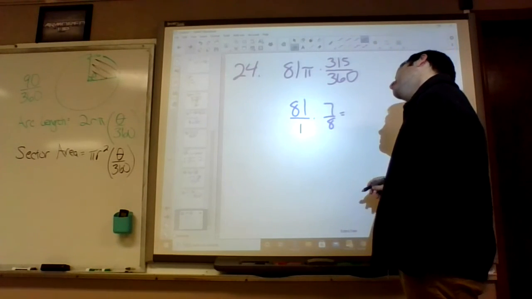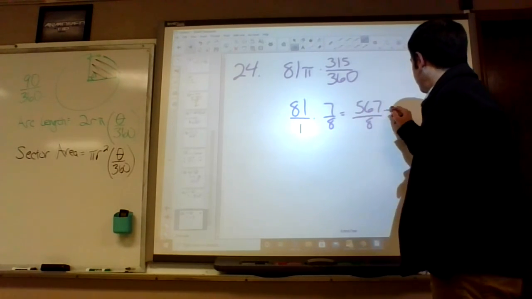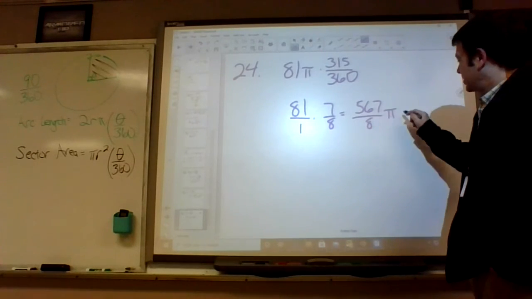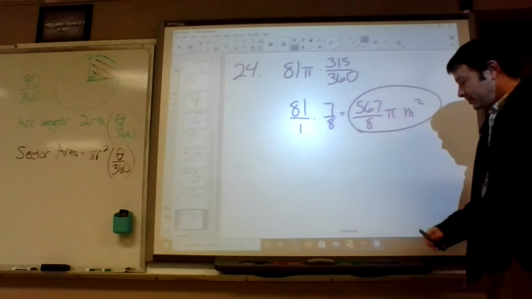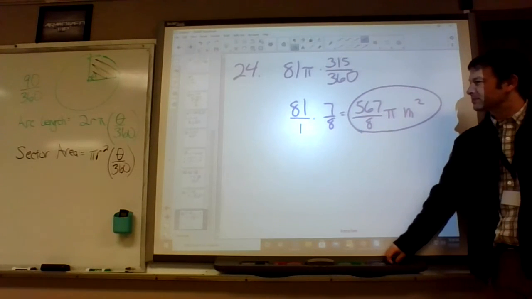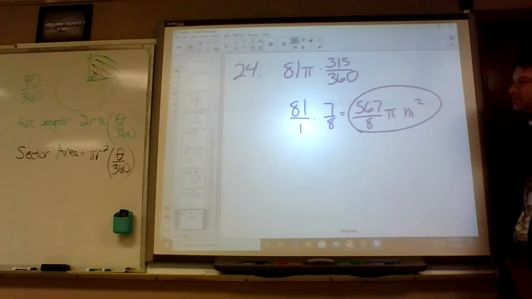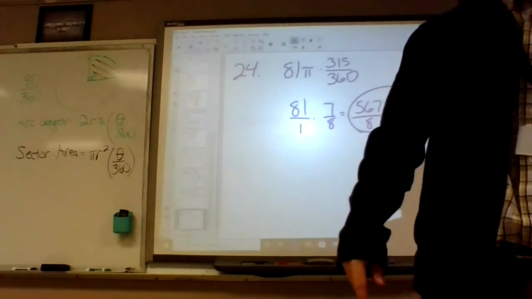What would that be? 567 eighths pi. Again, that's kind of a messy answer. I'll take your decimal if you want to. Alright, why don't you guys finish that up?